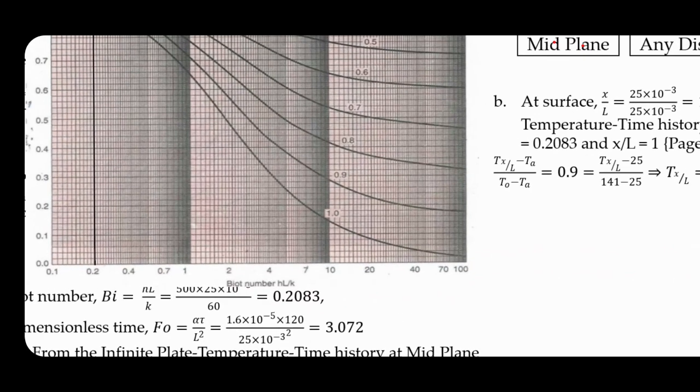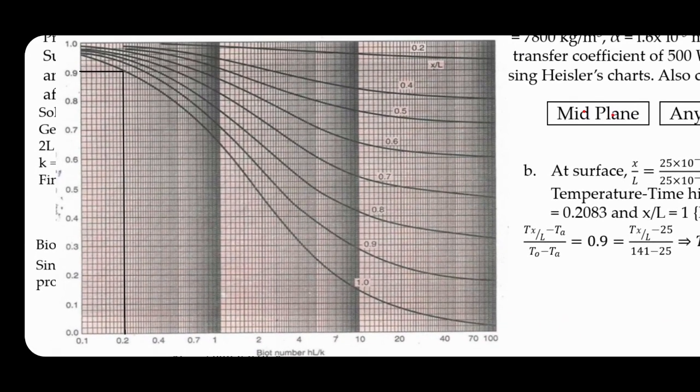So here on the x-axis I have Biot number, and I have different curves for x by L ratios. So for Biot number of 0.2 and x by L of 1, where those two intersect, I'll draw a horizontal line, and that reaches the y-axis at 0.9.